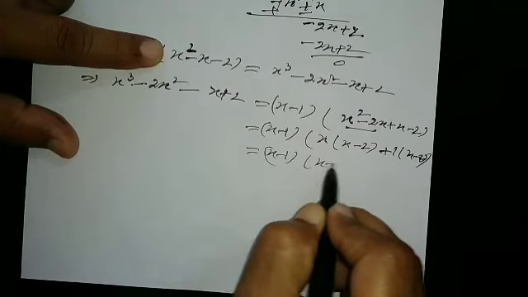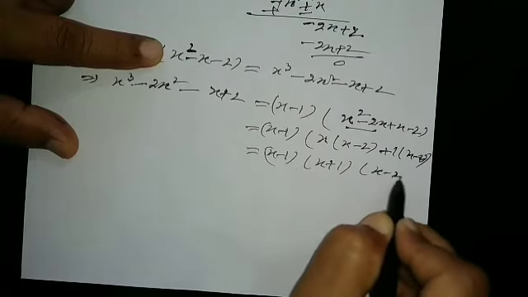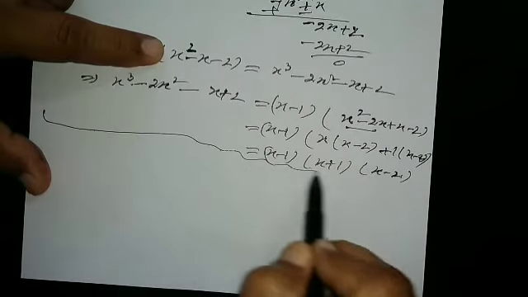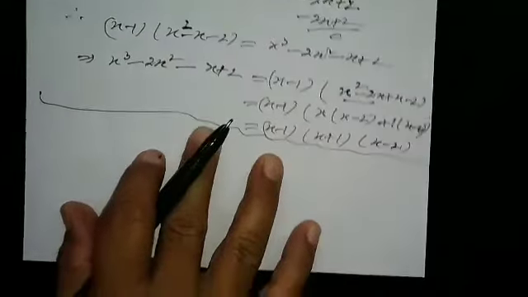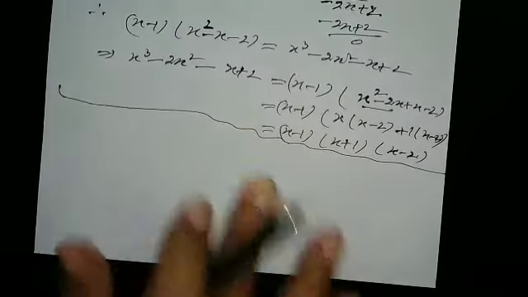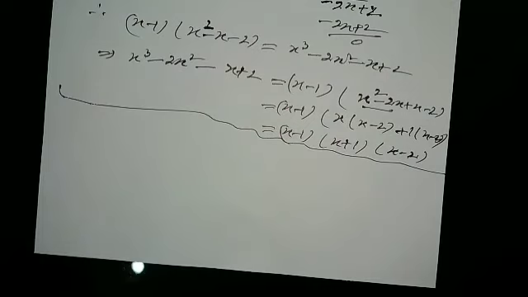This is x plus 1, this is x minus 2. So you see a process for a question which is not directly found using the above process.